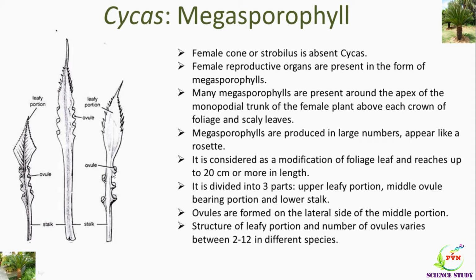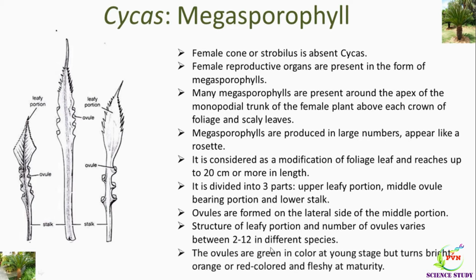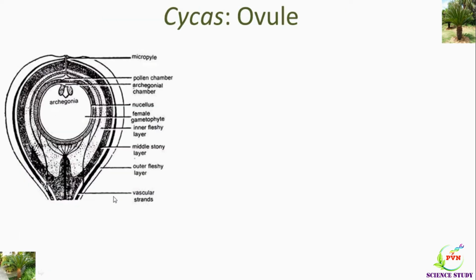The number of ovules produced on a Megasporophyll varies from 2 to 12 in different species. The ovules produced at a younger stage are green in color, but after maturity they turn orange or red.